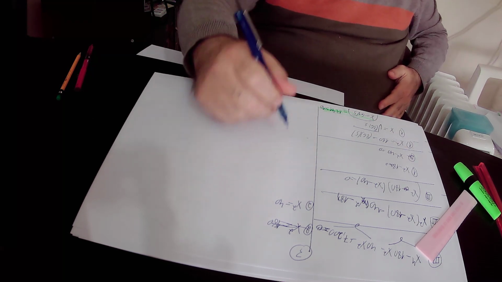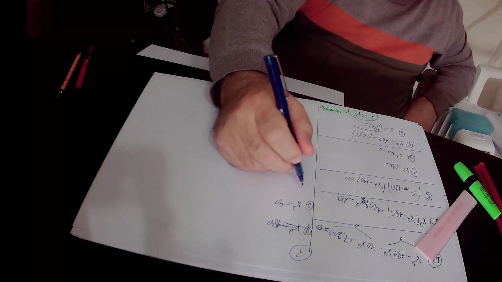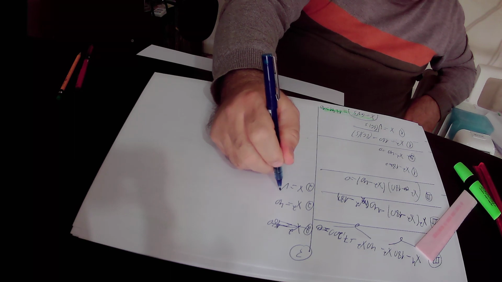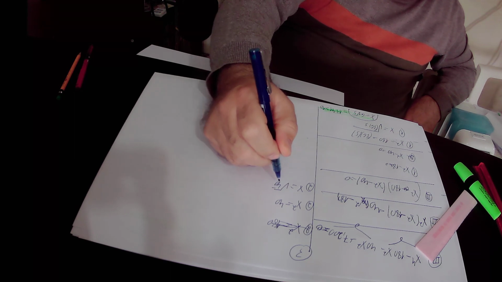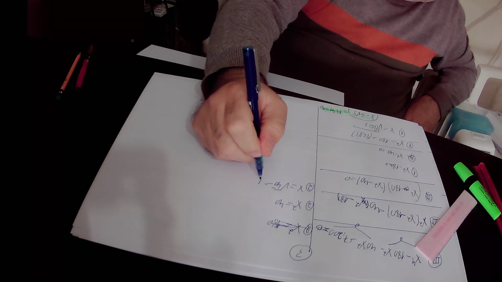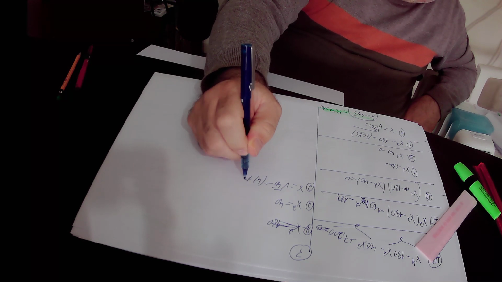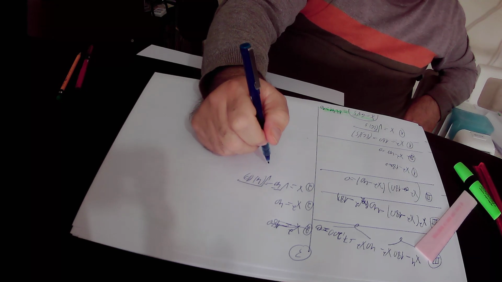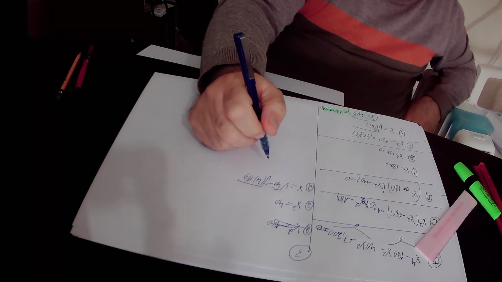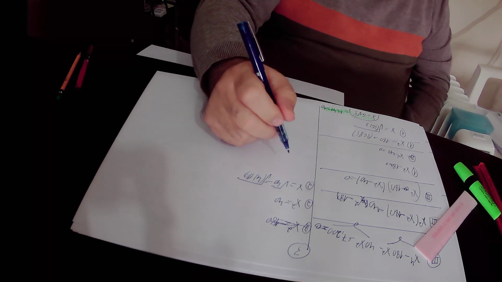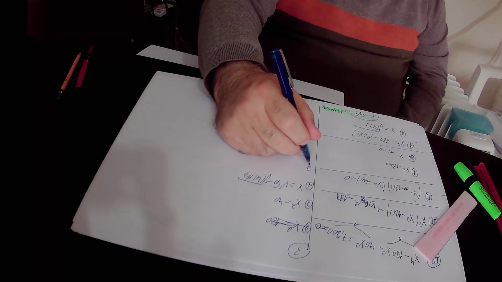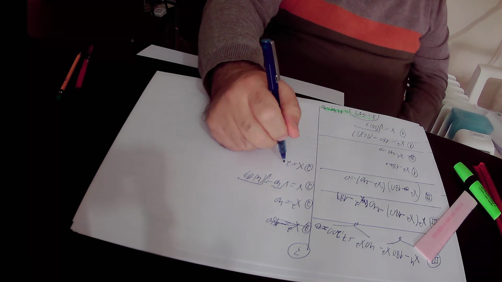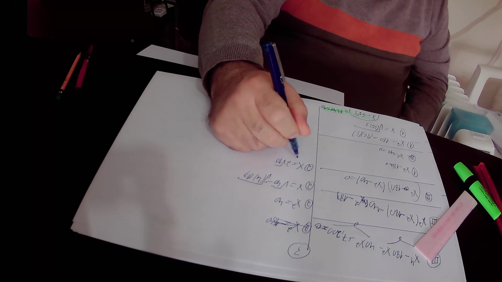Here we take a root out of this equation, and we get that x equals the square root of 40. 40 is 4 times 10, and the square root of 4 is 2. So we found out that x equals 2 times square root of 10 units.